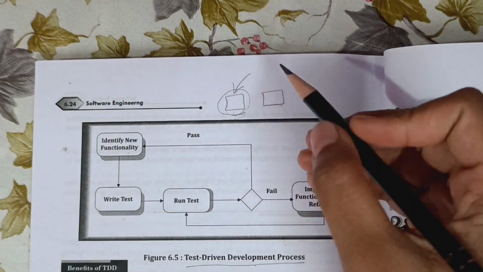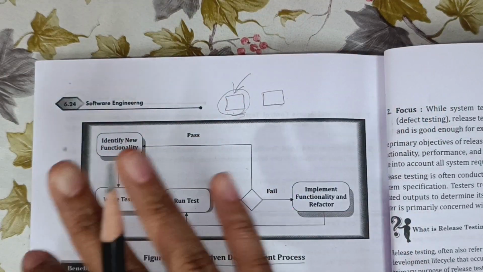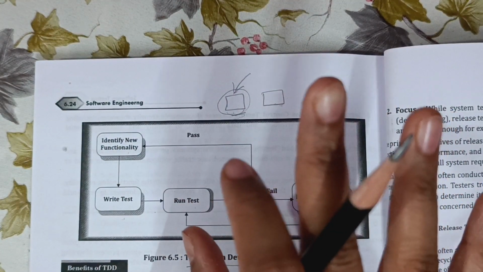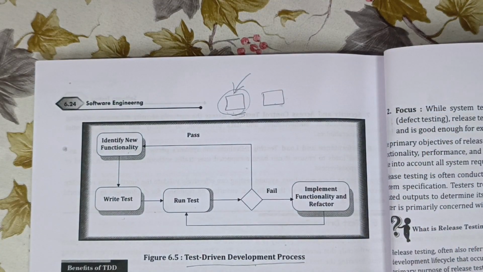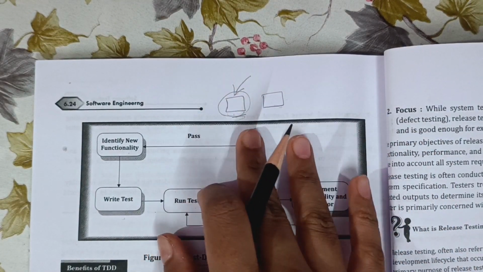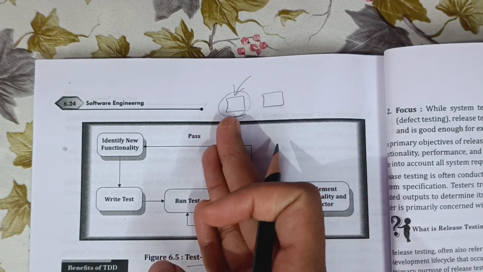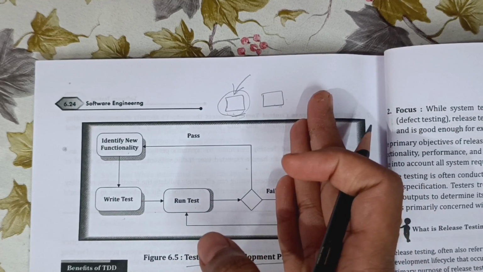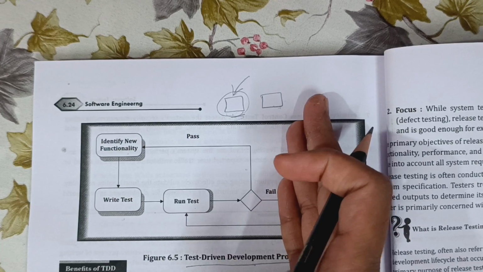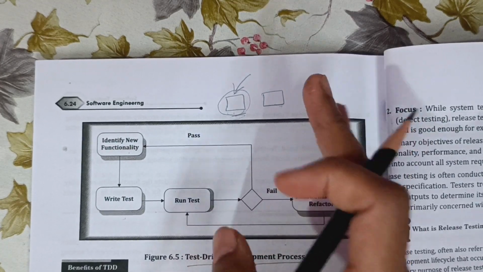This is how it is. We cannot move from one module to another module without testing the previous module, or piece of code. Until you test this successfully, you cannot implement another module in the software application. That is the thing in this concept.